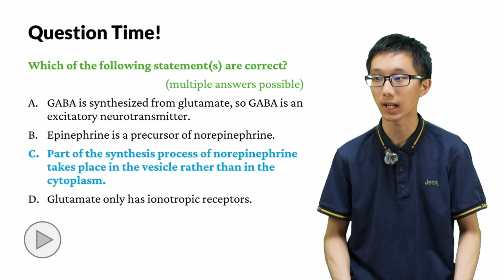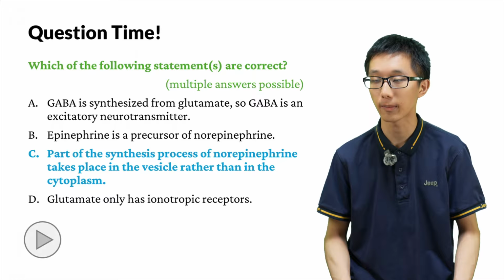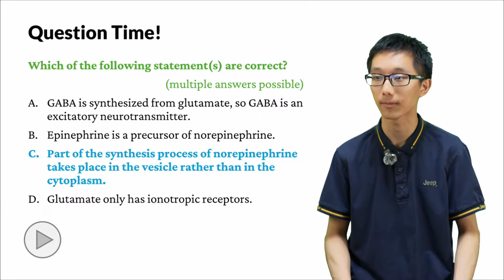The specific step is the synthesis of norepinephrine from dopamine using dopamine beta hydroxylase. And D. Glutamate has both ionotropic receptors and metabotropic receptors. The metabotropic receptors are called mGluRs, metabotropic glutamate receptors.